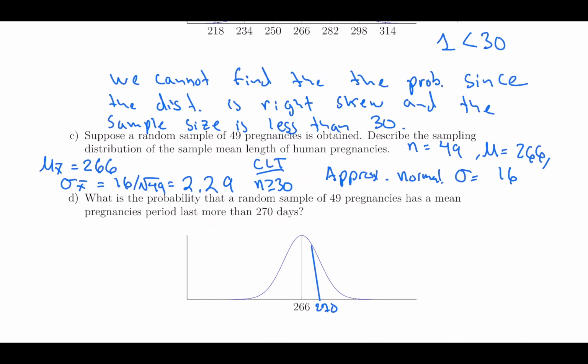So for this one, we can find the probability. Since we want the pregnancy to last more than 270 days, which side should I shade, the left side or the right side? Oh, right.